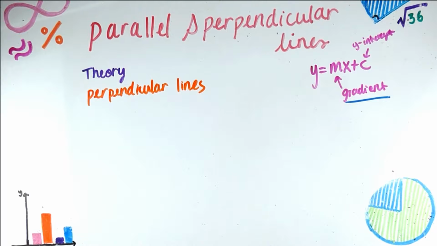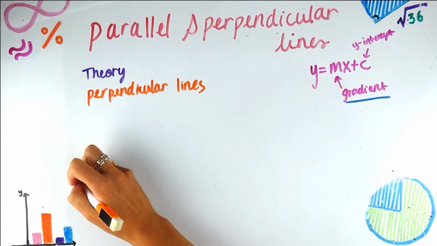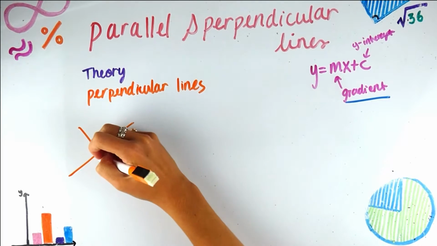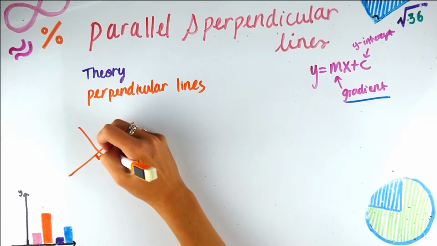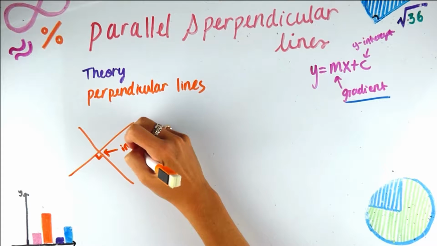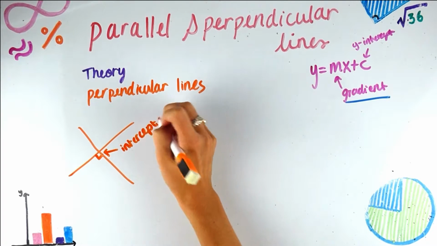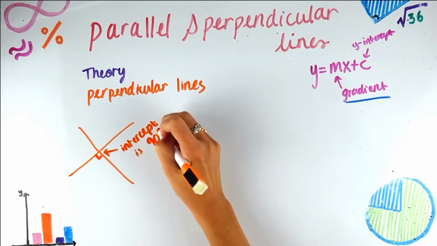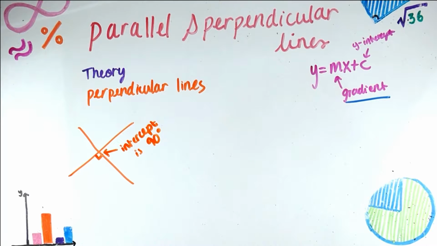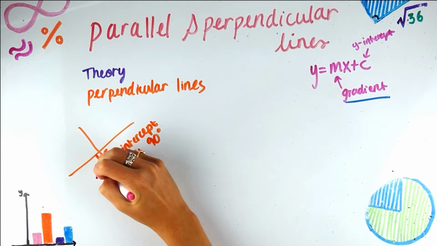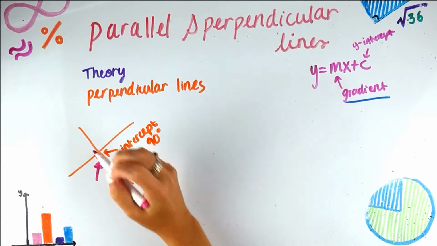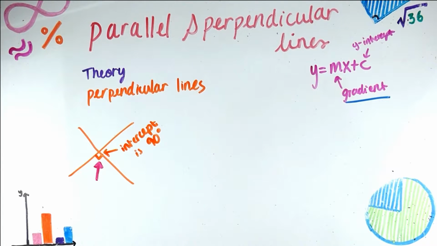Okay, so perpendicular is kind of the opposite of parallel, and perpendicular lines look like this. And where they cross, where they intercept, is 90 degrees. So you always have to look out for this symbol here. And if it has that where they cross, then you know they're crossing at 90 degrees and that the two lines are perpendicular.